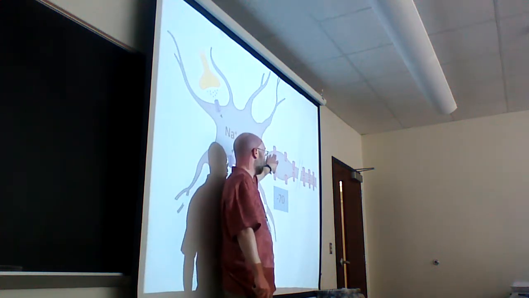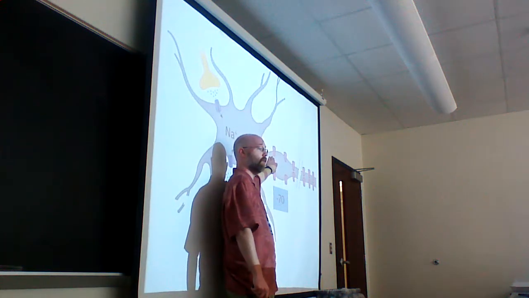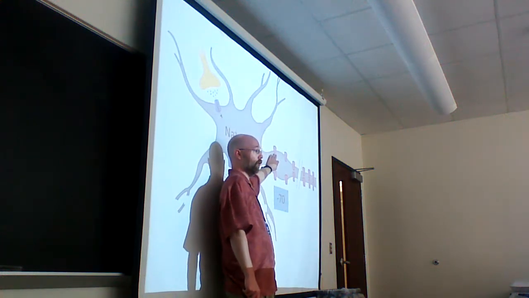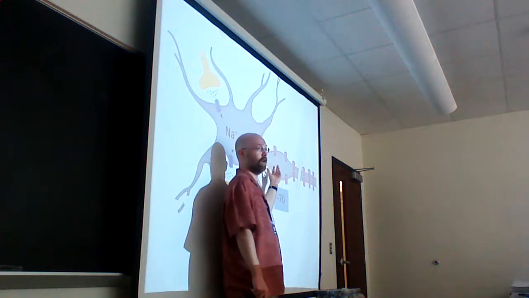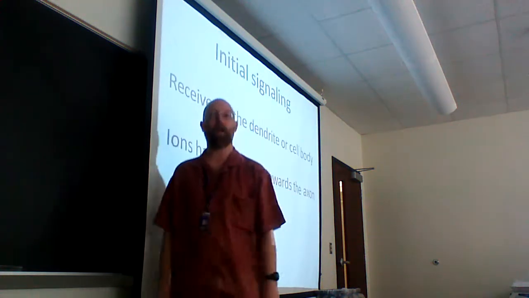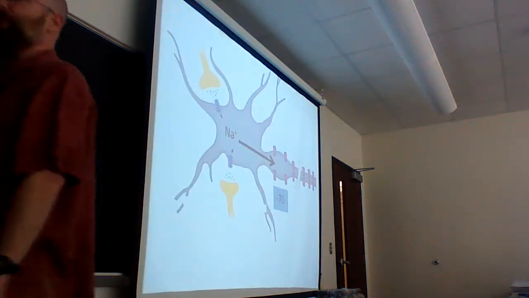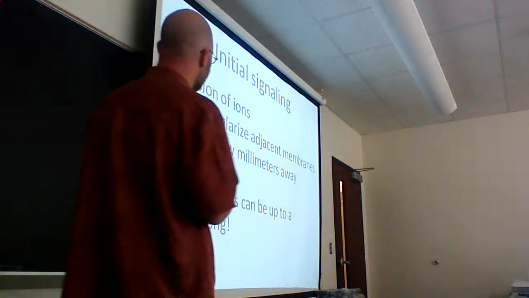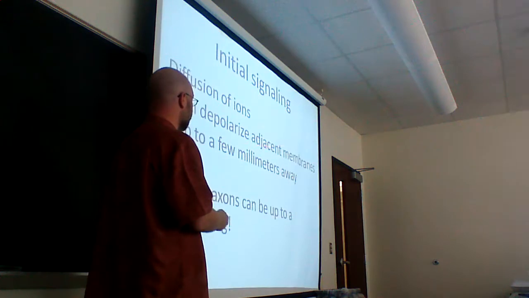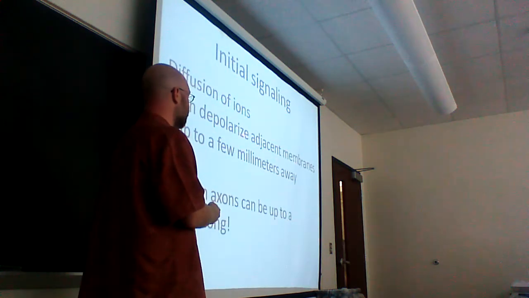And if we can get enough over here of the right kinds of ions, meaning sodium or calcium, then at that point we're going to initiate the cascade. Right? So sodium diffuses that way. Diffusion of ions, right? If it's the right kind of ions, it will depolarize that adjacent membrane.